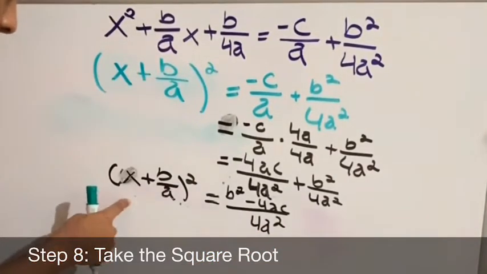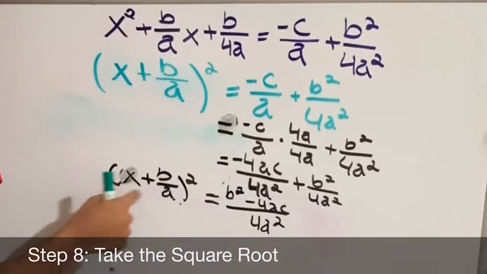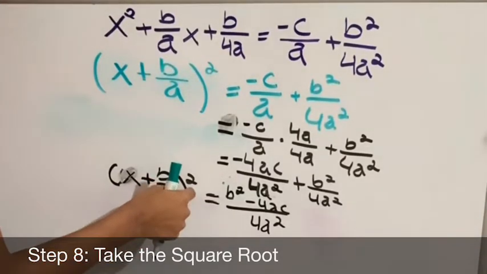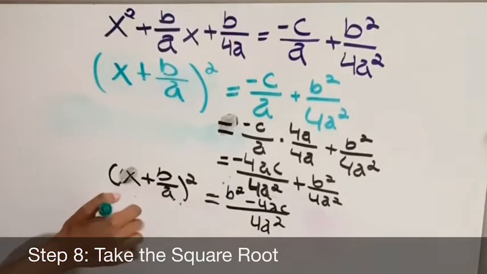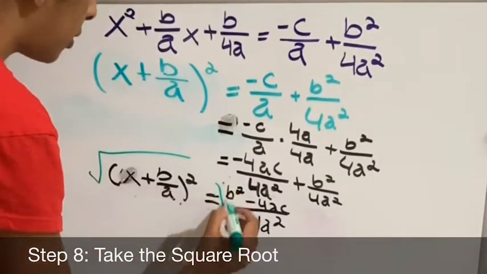But we're trying to solve for x. x is located in the binomial that's being squared.